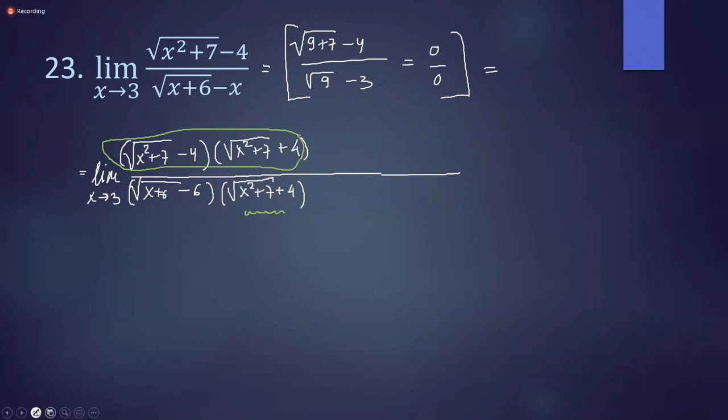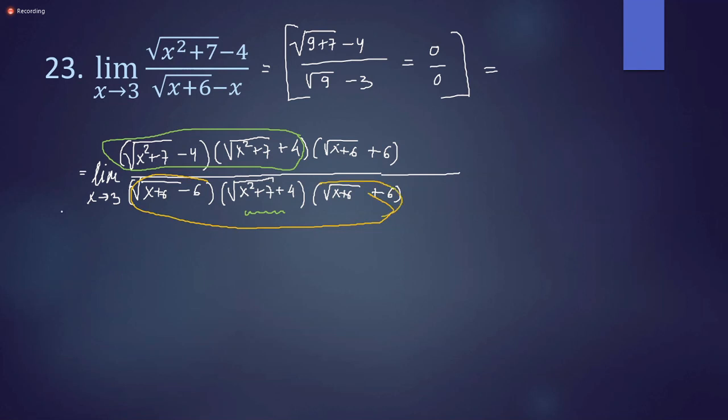Now I am taking care of the other. I need to write the conjugate sum for this other radical, root of x plus 6 plus 6, because I need to eliminate that radical too, because that also creates a 0. So that will be okay.